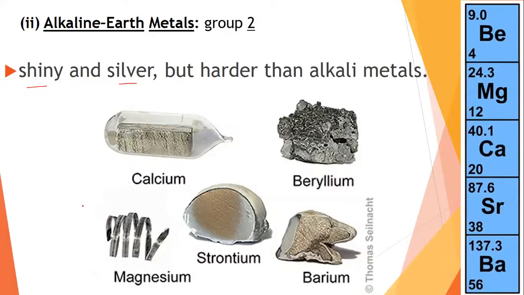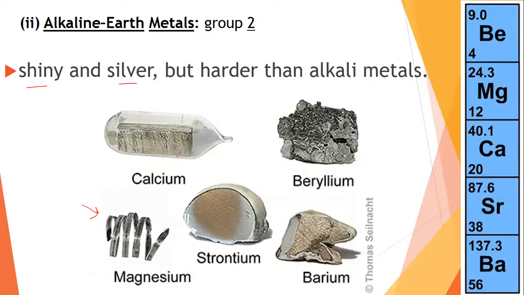So again, anybody who's ever seen magnesium ribbon burn, I showed you a quick video clip in one of the other lectures. It's quite spectacular. It's very bright. It's so bright it would actually kind of hurt your eyes. It needs a little bit of heat to get it going, but it still is quite a reaction.